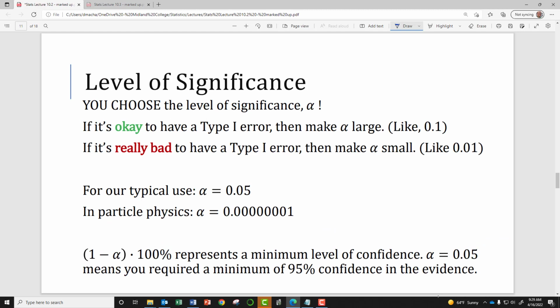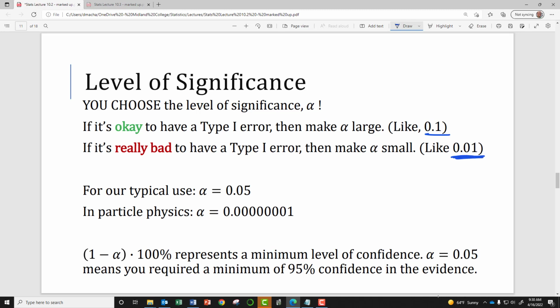Now, you are going to get to choose your level of significance. If it's okay to have a type 1 error, then we are going to make alpha relatively large, like a tenth or 10%. But if it turns out that it's really, really bad to have a type 1 error, then we're going to make alpha a small number, like 1%.